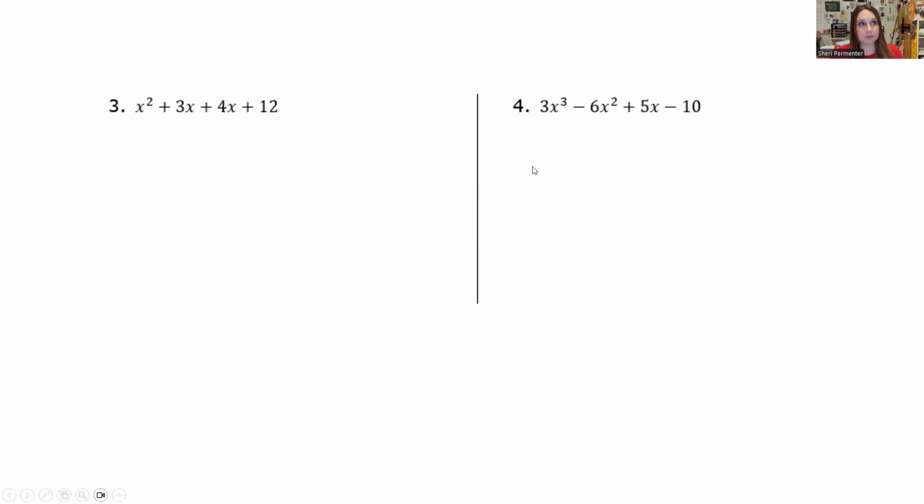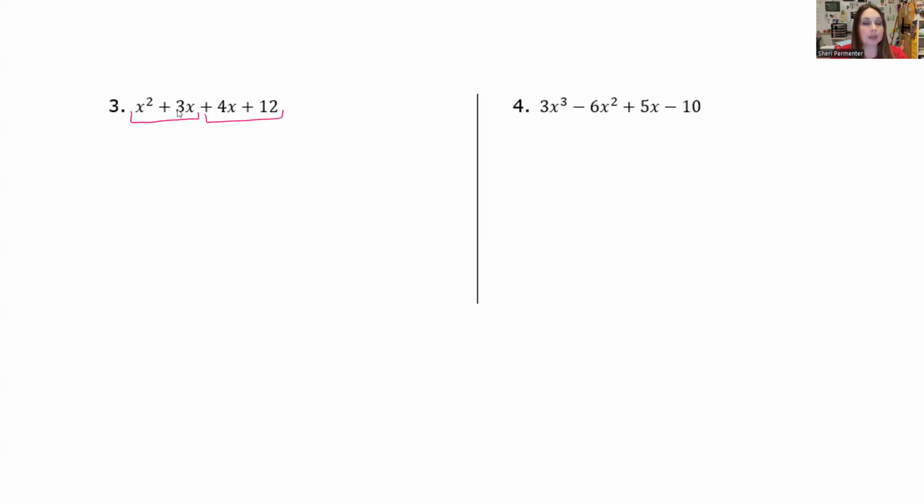Let's do another one. All right, so factor by grouping. 4 terms, I'm going to make 2 groups. So for question number 3, I have 2 groups, and I'm going to factor out the greatest common factor from each of my groups. For my first group, I feel like this is the third problem I've done with 1 and 3.